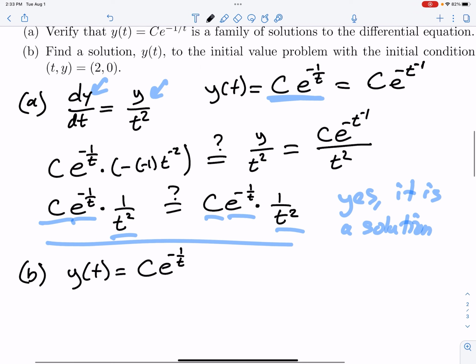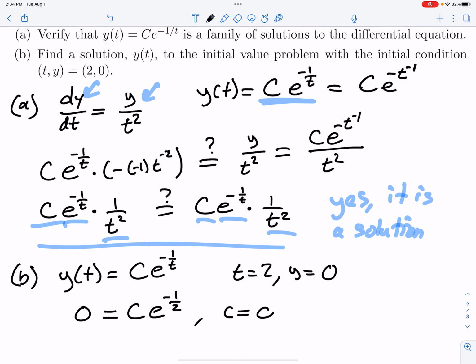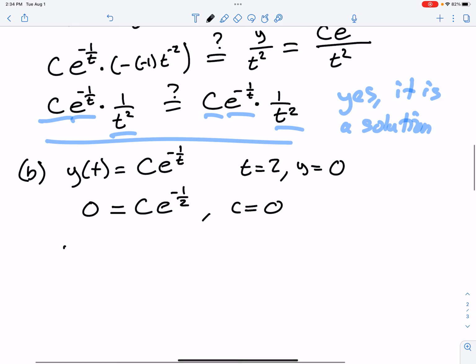And when t is equal to 2, they want y to equal 0. And so we could solve this like so for c. And if we do that, it turns out that c would have to be 0, which means that y of t is equal to 0, the 0 function.